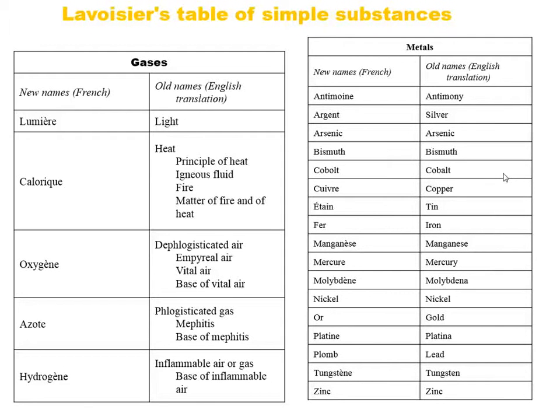So he found light, caloric, which is heat, oxygen, which is just basically air for him, azote, hydrogen, and then all of these different metals he found, okay, and classified them as elements. So if you take a look, most of these are elements that we find on the periodic table of elements. So he actually found some basic substances that you would consider elements.